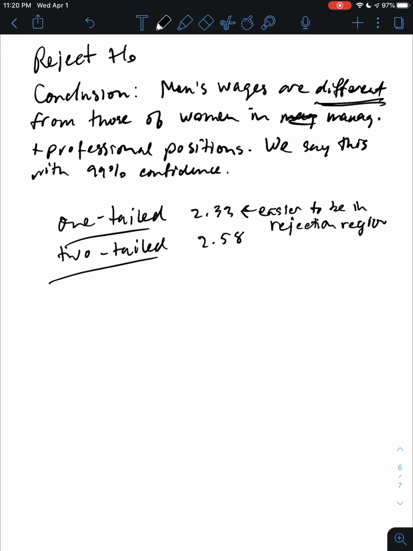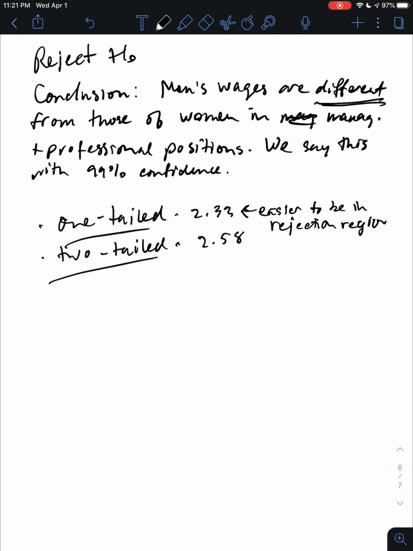So you've got to decide whether you're going to do a two-tailed test or a one-tailed test at the very beginning of your investigation before you gather any data at all. You can't make that decision after you've gathered the data. So it's really a question of, what do I want to know? Am I interested in whether they're different, or am I interested in whether one is greater than the other?